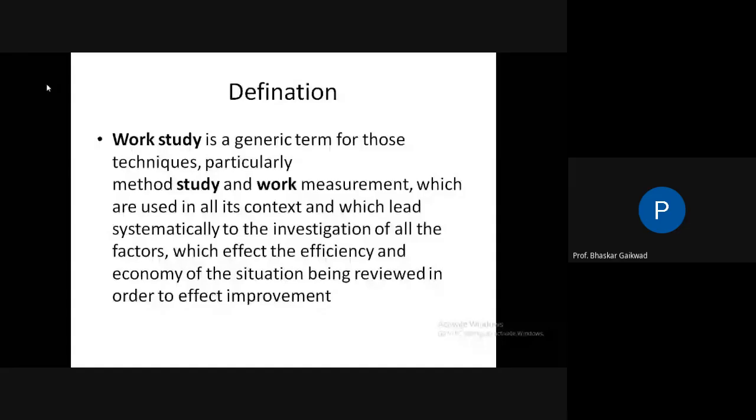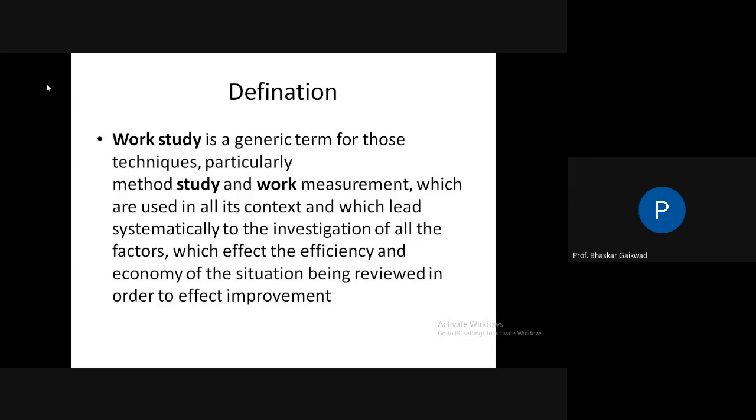First, the definition of work study. It is a generic term for those techniques, particularly method study and work measurement. So this is the part of our work study. Two techniques are there: method study and work measurement. Method study means a change in the method, a change in the process.